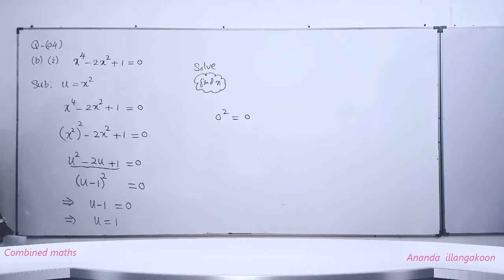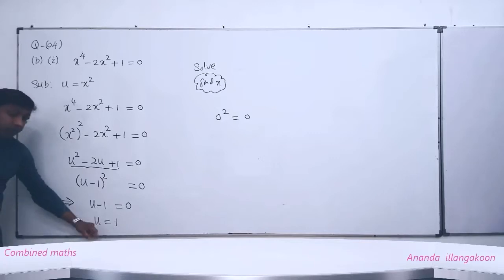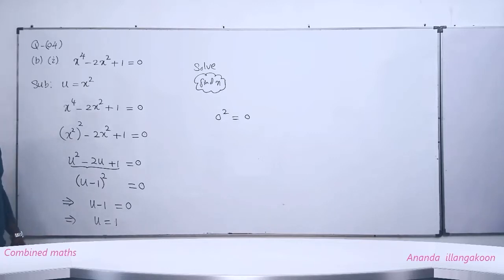Then this equation contains x. We have to give the answer for this x. But we have obtained the answer for u. But we have the relation between u and x: u is x squared.